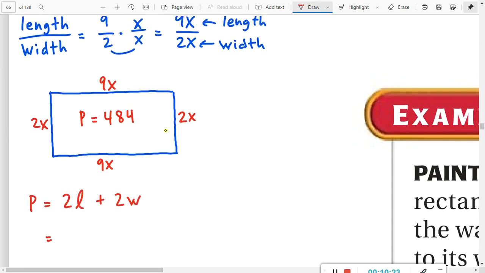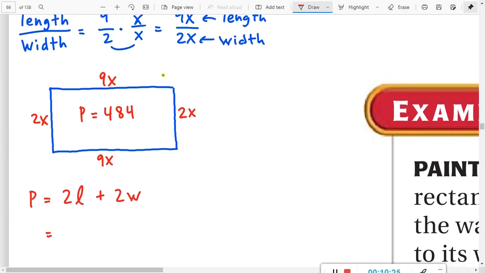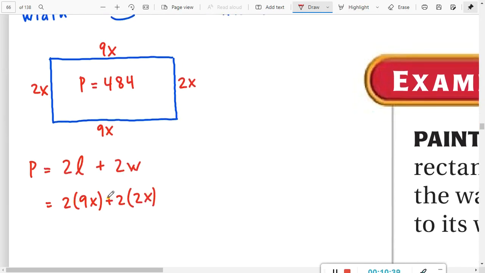We said the length was 9x, and we said the width was 2x. So that's going to be 18x plus 4x, which is 22x.